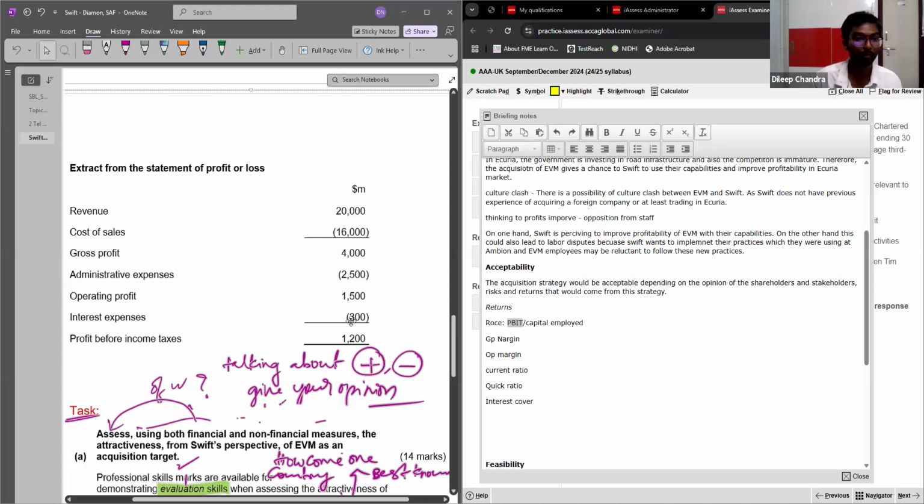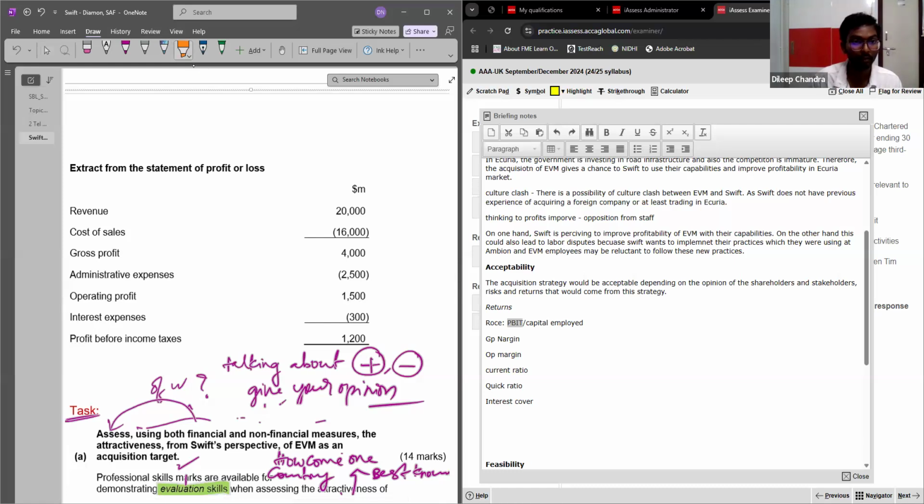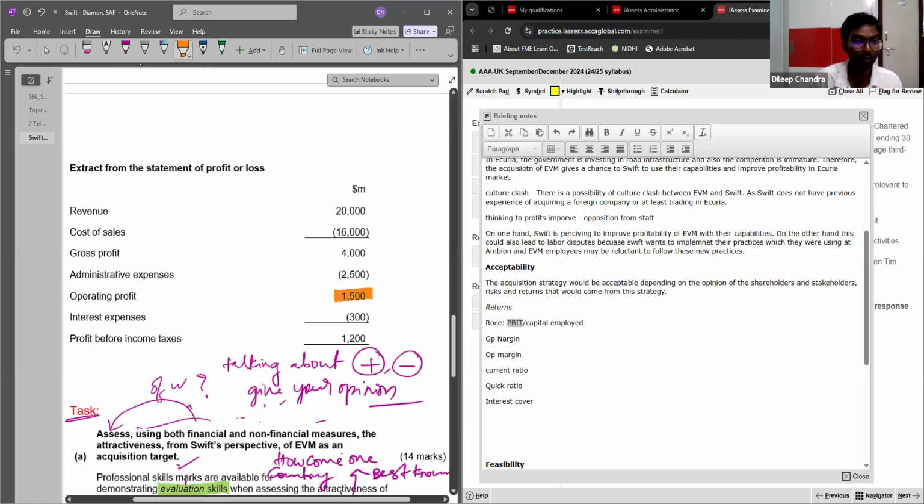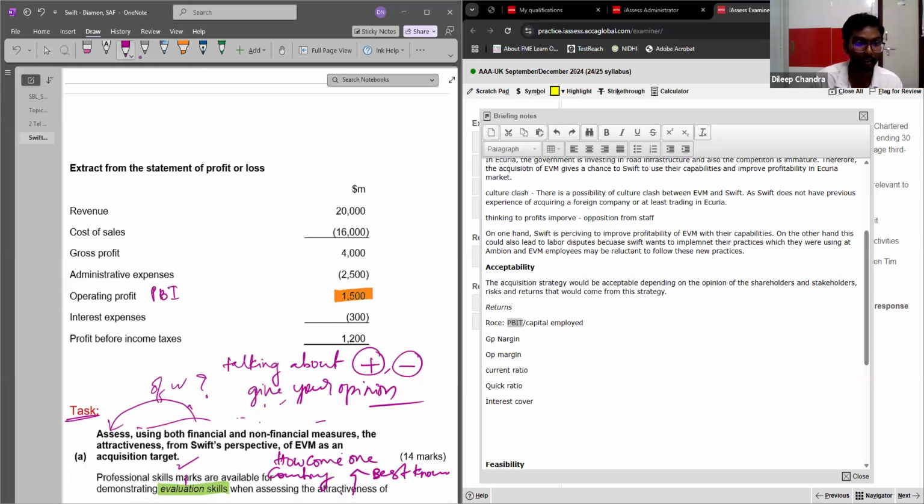So I'll have to use this figure, 1500, because this is the profit before interest and tax. PBIT 1500 divided by capital employed.